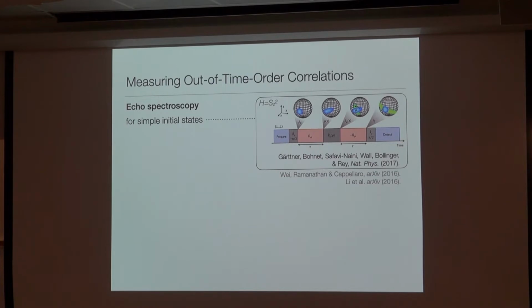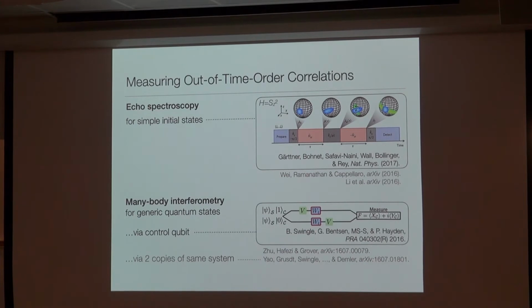Without going into too much detail, this is a scheme that basically just involves the ability to have a Hamiltonian that one can evolve forward and backward in time, so switching the sign of a laser detuning, for example. And it works for simple initial states, only requiring measurements of the total magnetization of the system.